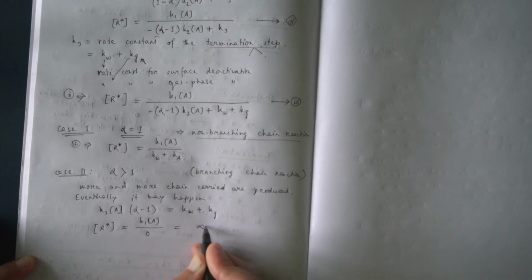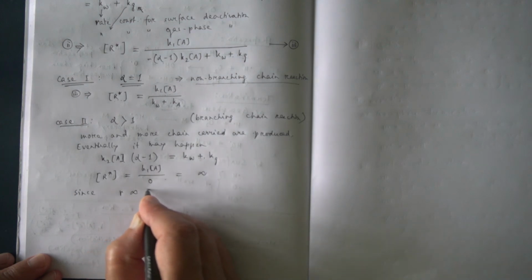That means the concentration of R becomes equal to this by 0, that means infinity. And since we have already said the rate of the propagation step is proportional to R.